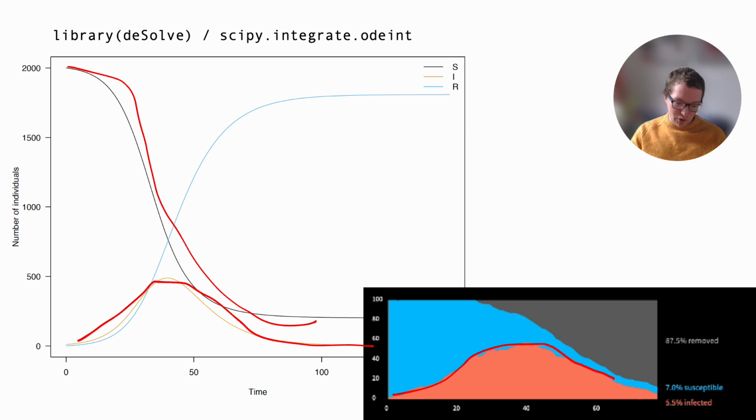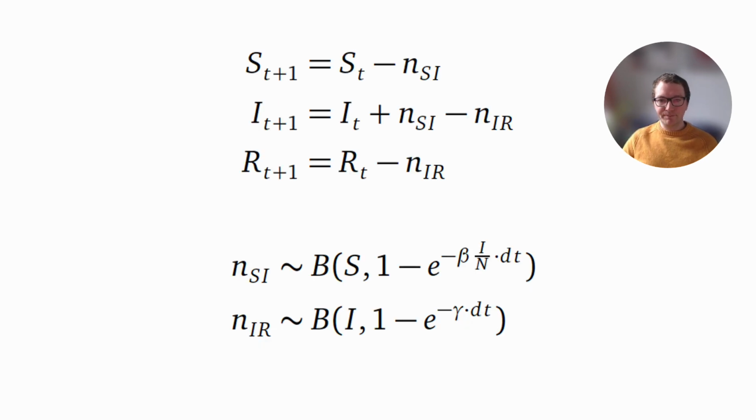You'll notice this is very smooth. One thing this is assuming is that this is a continuous variable, so it's not taking into account that the population is discrete and individuals move in counts of one. And it's also deterministic. Every time I run this forwards, I get the same answer to my differential equations.